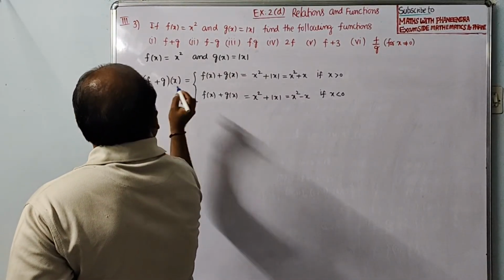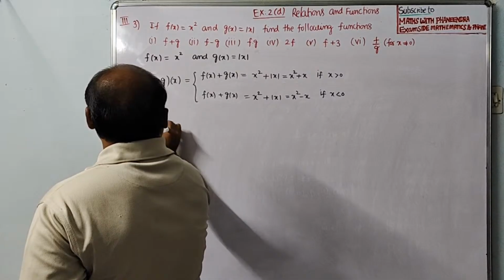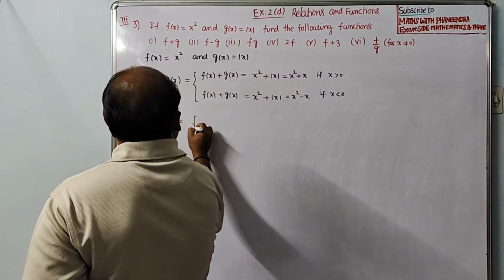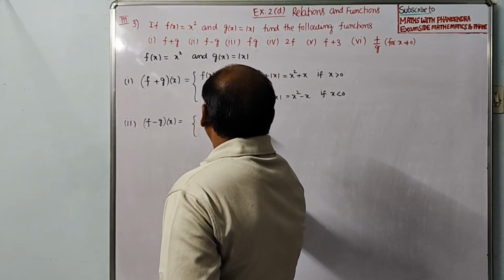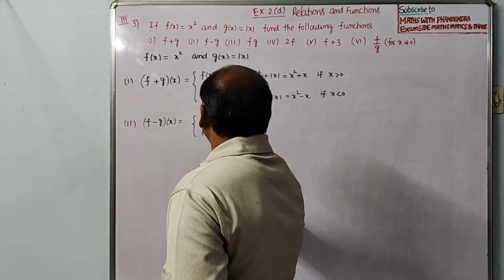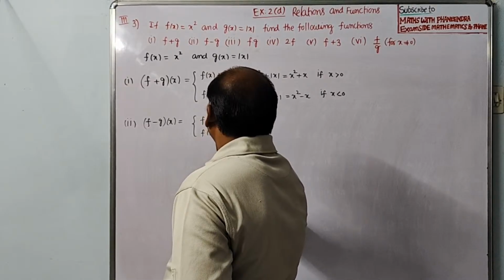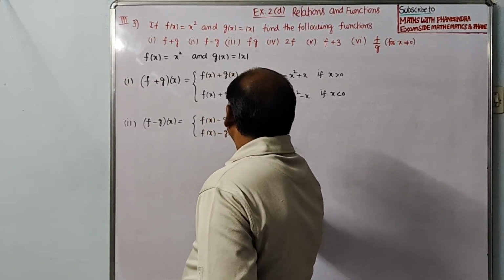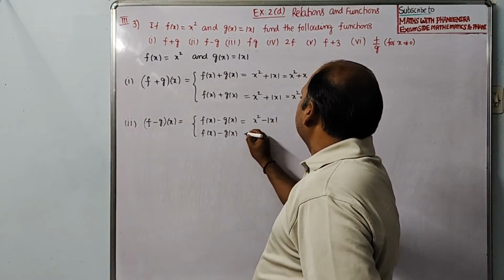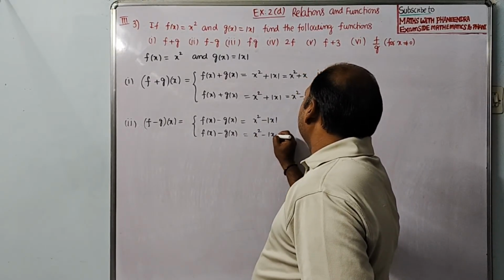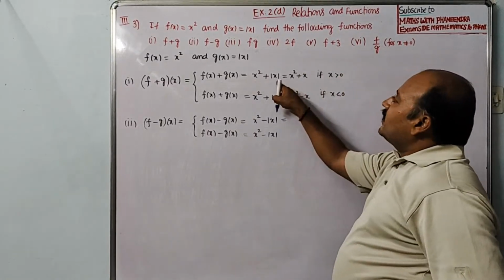Second one, next, f minus g of x. Same procedure we can follow. f of x minus g of x, so x squared minus mod x.